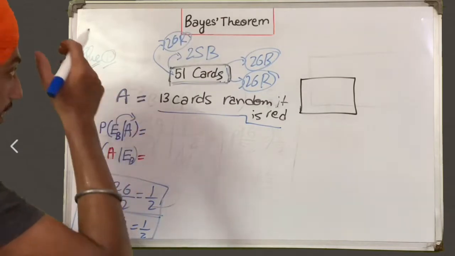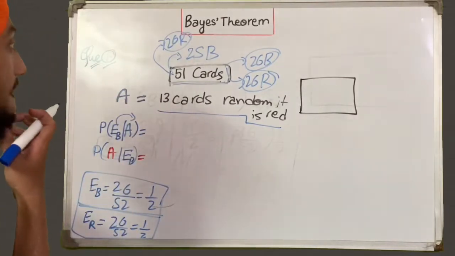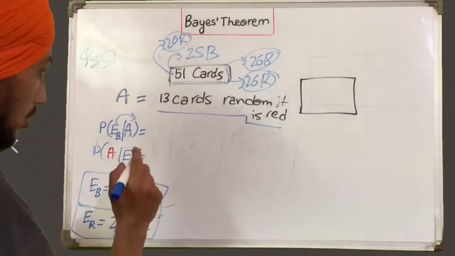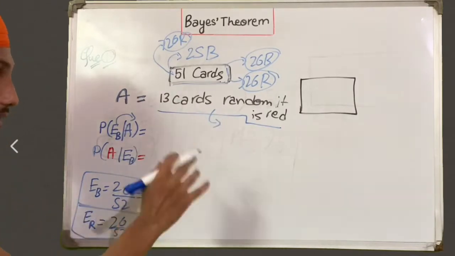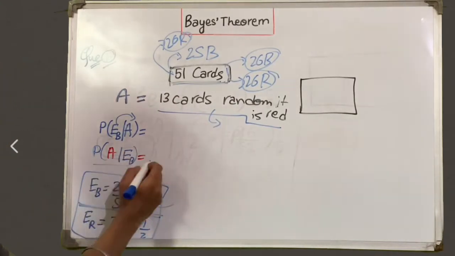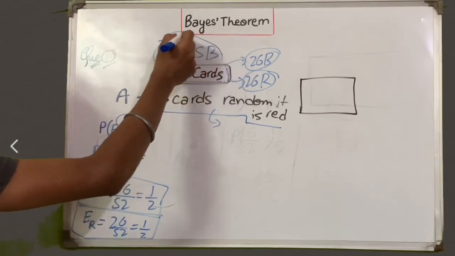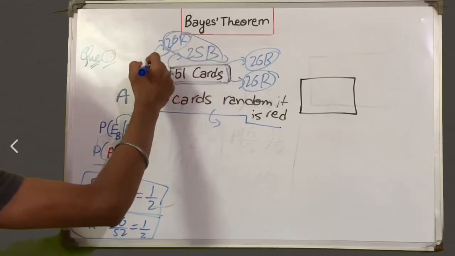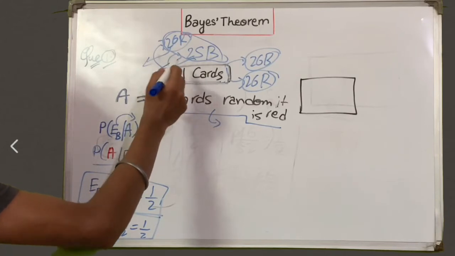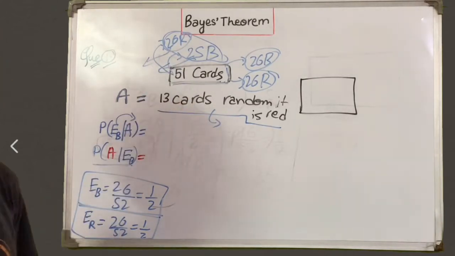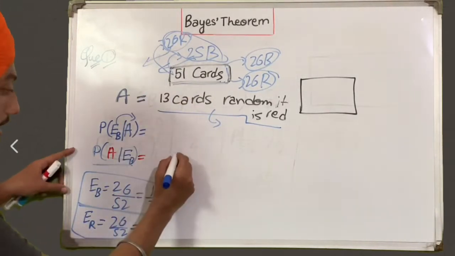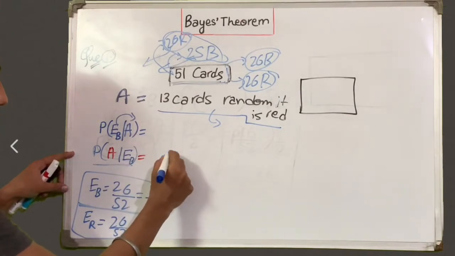Now we have to find the probability that the first 13 cards drawn are found to be red. Then it must be written like that, because we have 51 cards, from which we have 26 red and 25 black, and we have to find the first 13. So it would be a case like this.